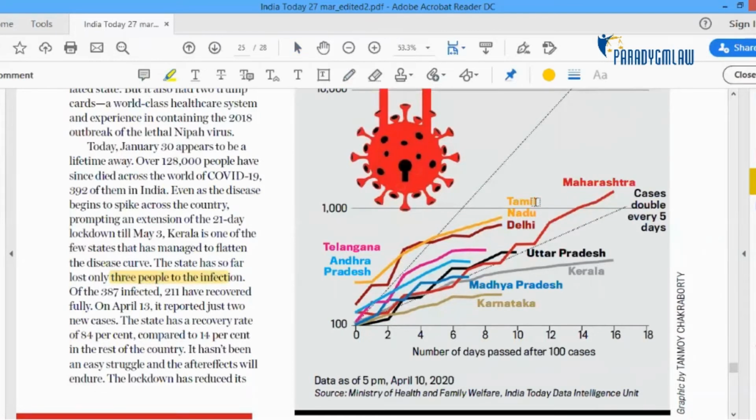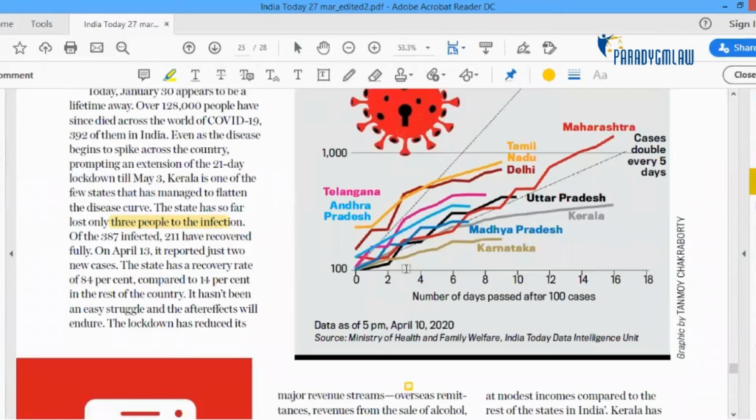Now, if you look at this graph here, we have the number of days passed after 100 cases, and Kerala features in the gray line, which seems to have brought down the numbers of infection compared to Maharashtra and Tamil Nadu and Delhi, of course.